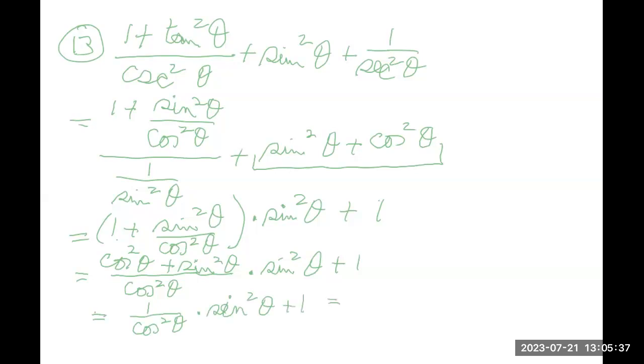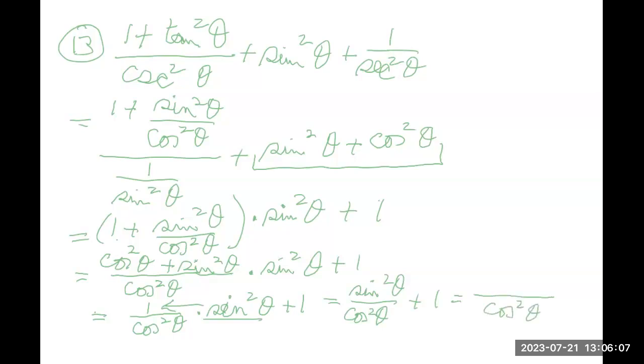So I can rewrite the first term as sine squared theta over cosine squared theta. Plus 1. Just bring the sine squared theta here with the 1. And then I'm going to add these again using a common denominator of cosine squared theta.